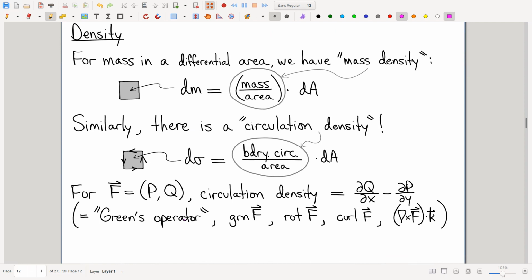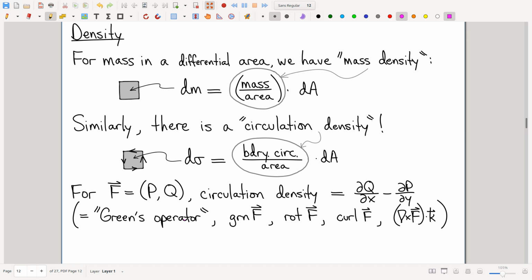So, okay. So, we have this new quantity, boundary circulation. It behaves like mass. It's an accumulating quantity. It behaves like mass in that it has location inside the interior. And if you think about it, that's all you really need to define a density, right?